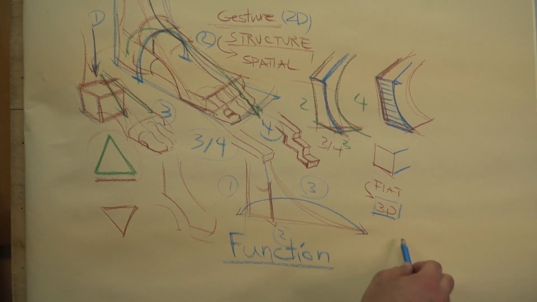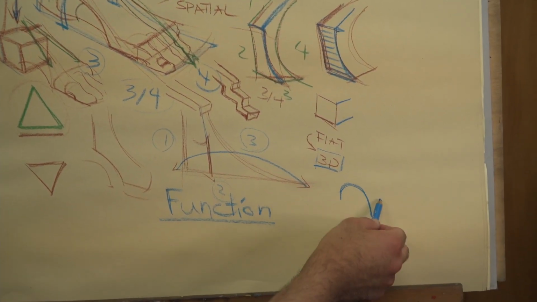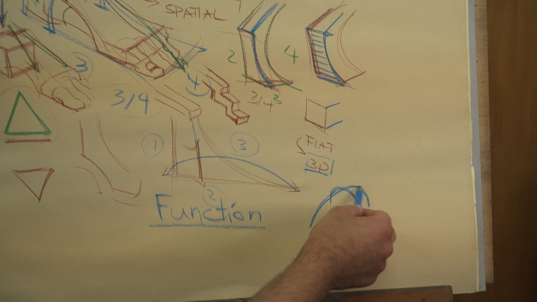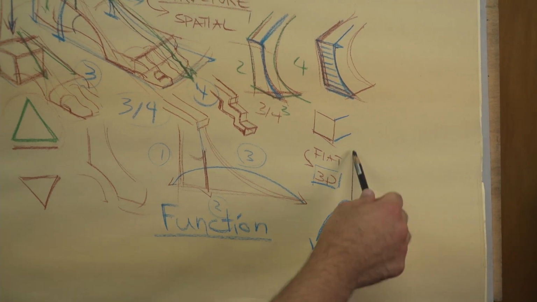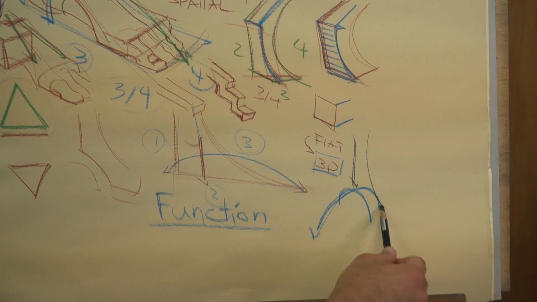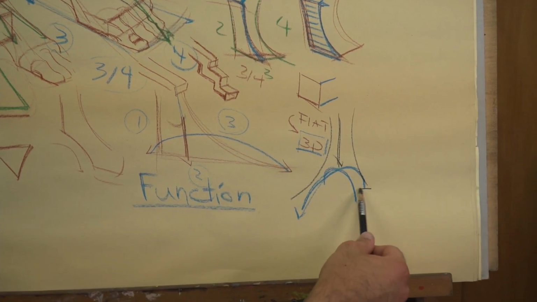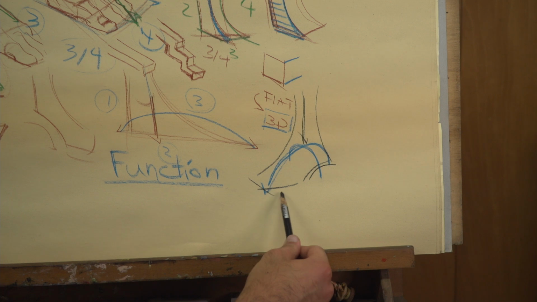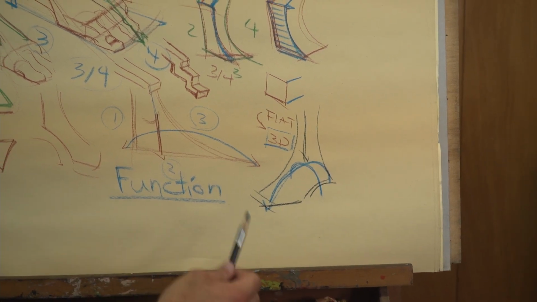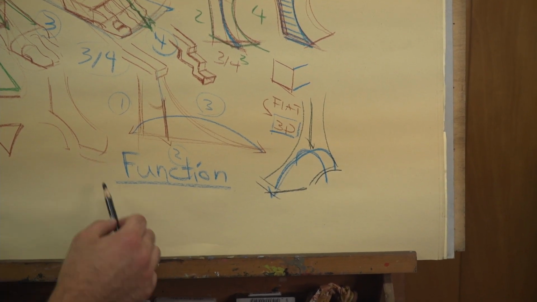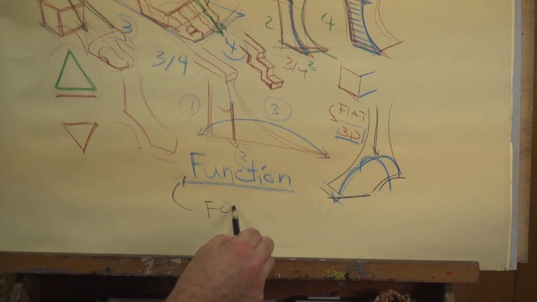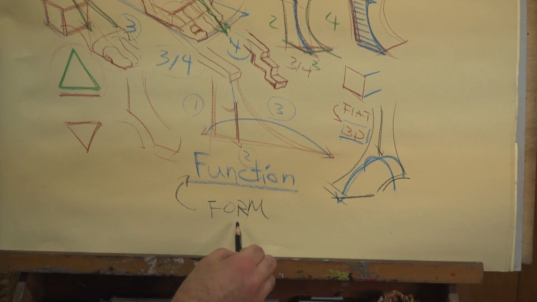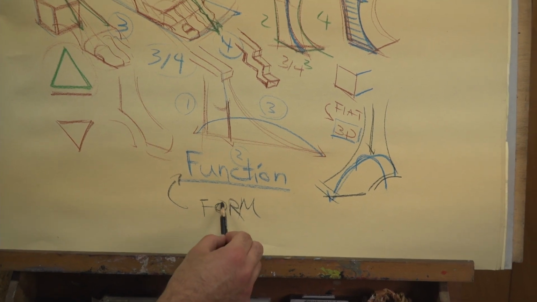So we need a design something like that to make us able to do the actions that I just talked about. So the form of the foot is corresponding and is related to the function of it. And that's quite an important thing.